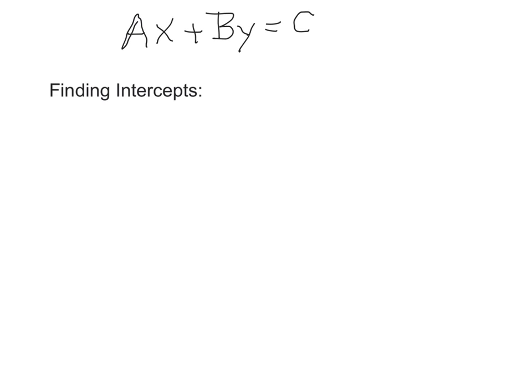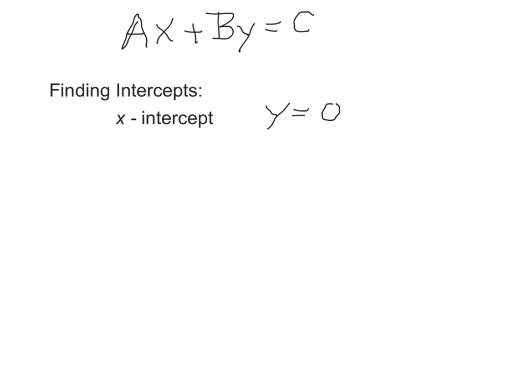Now let's say we want to find the intercepts. Well, what do we mean by intercepts? The intercepts are where the particular graph crosses the x and y axis. So obviously the x-intercept is where it crosses the x-axis, and the y-intercept is where it crosses the y-axis. The x-intercept is simply found by letting y equal 0 and solving for x in your equation.